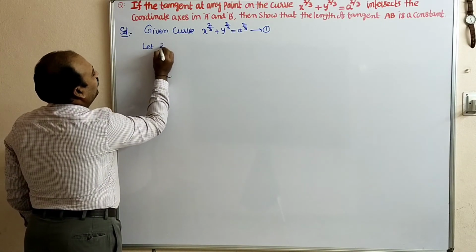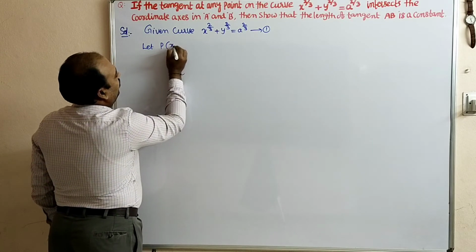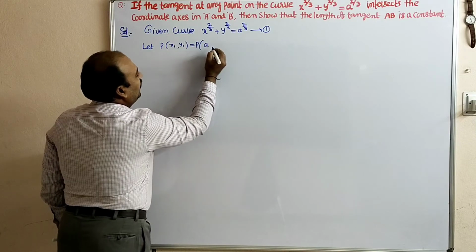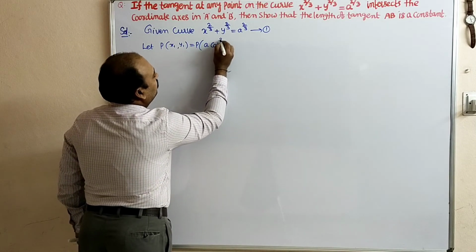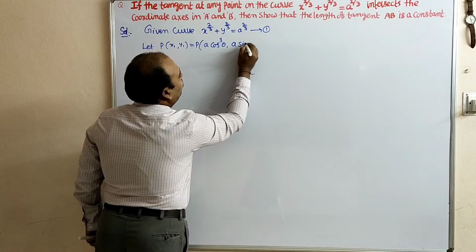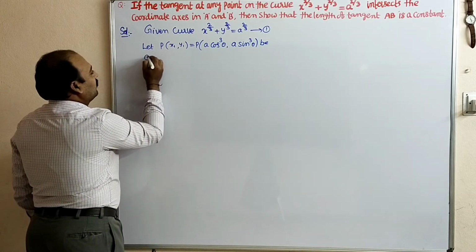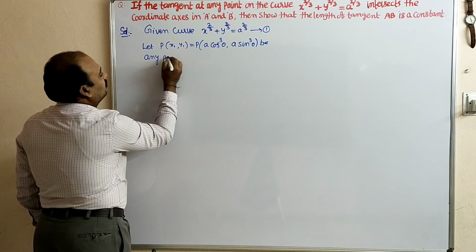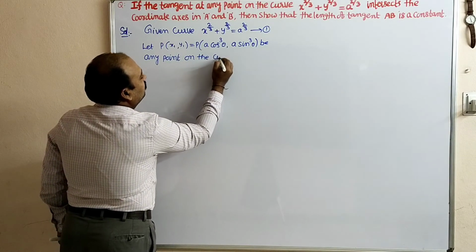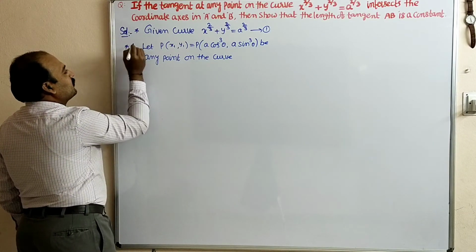Let P of x1, y1, that is equal to a cos cube theta comma a sin cube theta, be any point on the curve. This is the first point, this is the second point.